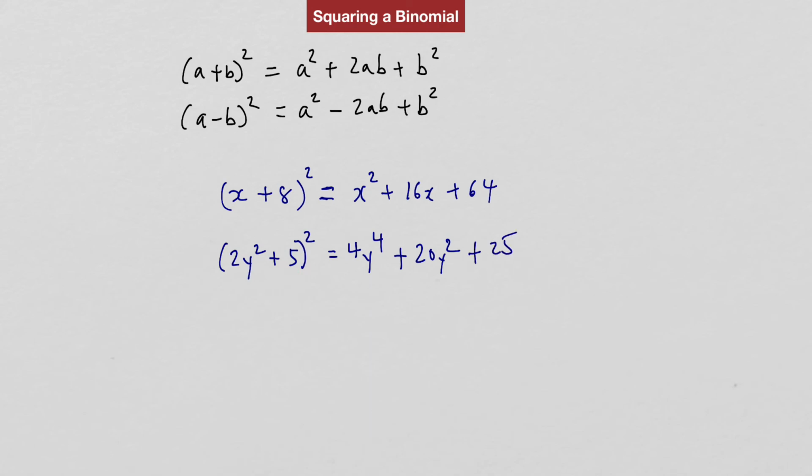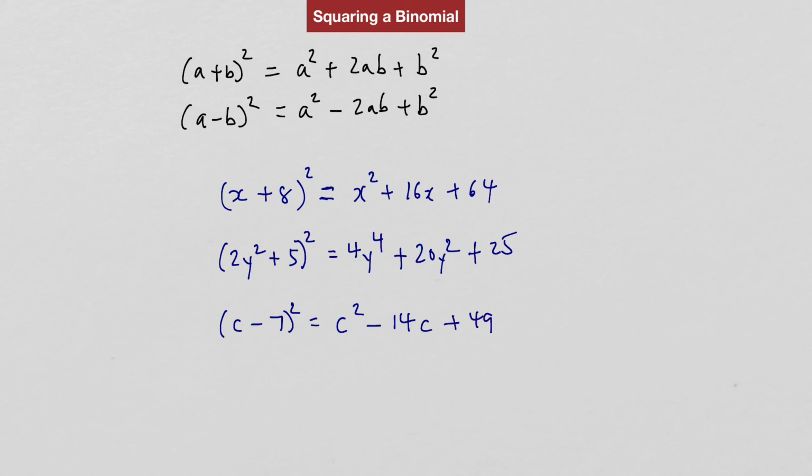And if we do another example where we have c minus 7 quantity squared, by following this formula we get this result, which becomes c squared minus the product of c and negative 7 doubled becomes negative 14c plus 49.